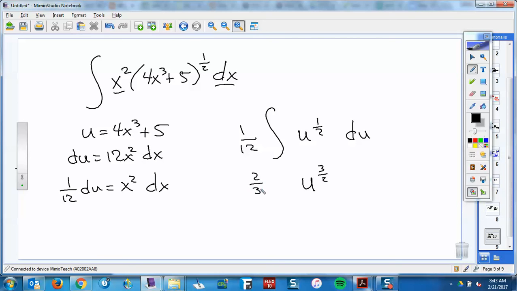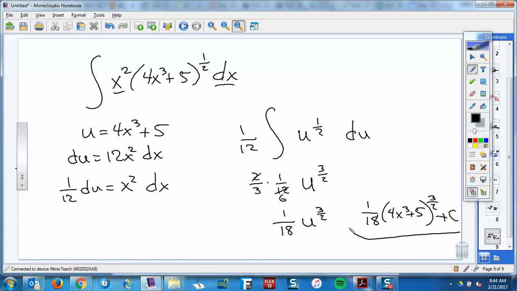So you're going to have a 2/3, and you've got a 1/12. Now, how does that work? Well, those would cancel. What is that, 1/18? 2 and 12. 1/18 u to the 3/2, which we would change into 1/18 (4x cubed plus 5) to the 3/2 plus C.